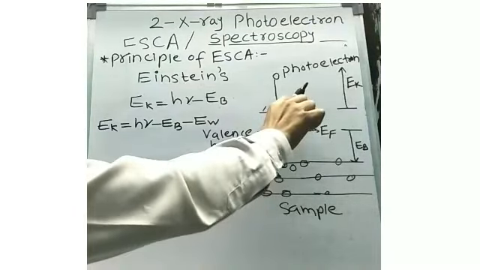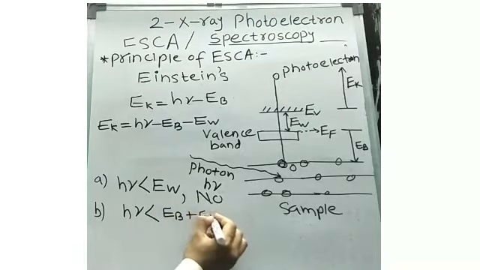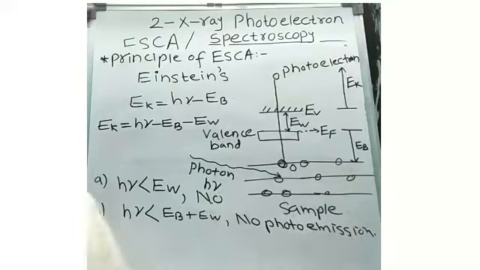Second, if h nu is less than Eb plus EW, in this condition again h nu is small, then no photoemission.